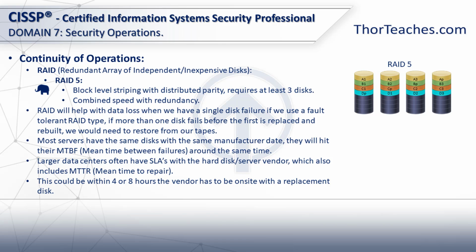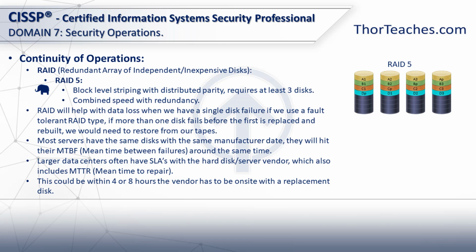Normally when we buy a physical server, all the disks in there are built at the same time, meaning the MTBF, or the mean time between failure, is pretty much the same. Let's just say, as an example, the mean time between failure for these disks over here on the right is 3 years. In large data centers or in places where what you store on your servers is critical, it is also very common to have a service level agreement with either the vendor that built the system or just someone you buy a service contract from.